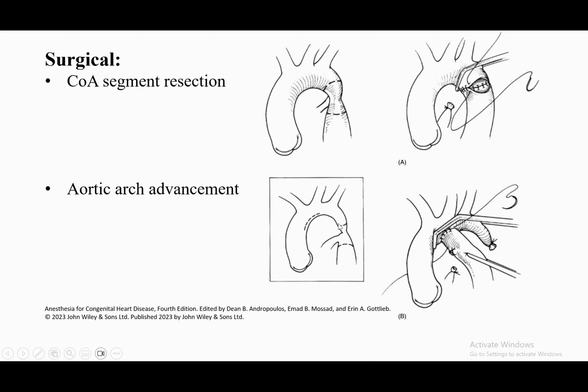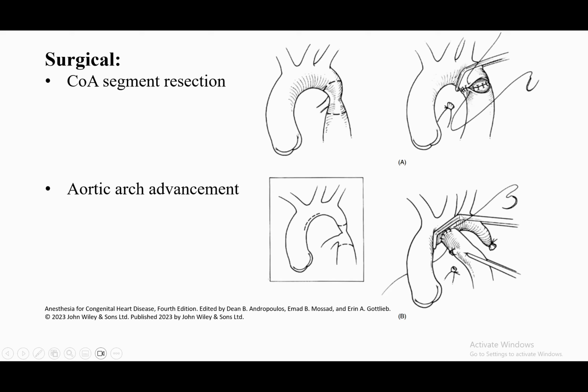Why don't we cannulate the left radial? The left radial is preductal too. So why the right radial and not the left radial? Because during the operation, the clamp may close the left subclavian artery.